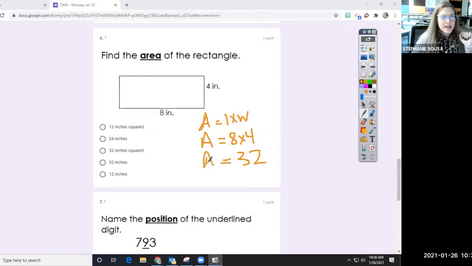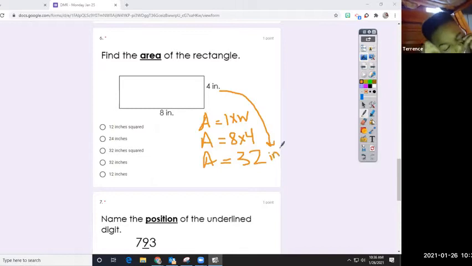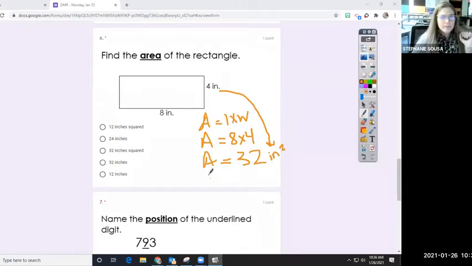And because it is area, we know that we need our label squared. Inches squared. Okay? So we can take a look right here at 32 inches squared. 32 inches tricked some of you. Remember, on area, we have 2 dimensions, the height and the length. Okay? So we have squares.